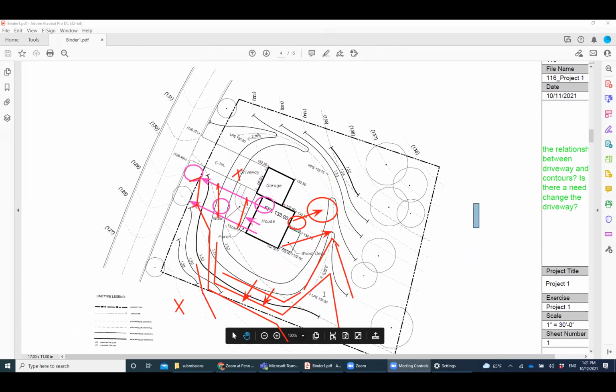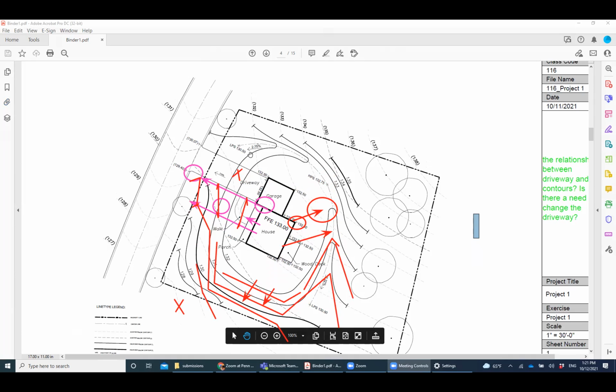That one is between 130 and 131. Yes, this one is 130.50, and that one is 131.50. If that's the case, your swale would actually be flatter. Can you see that become a problem?